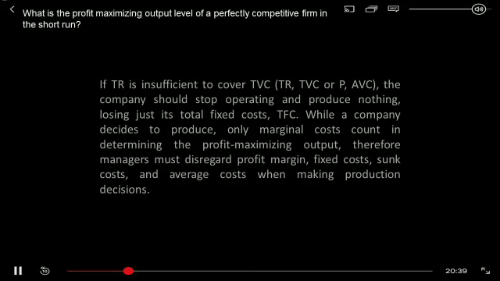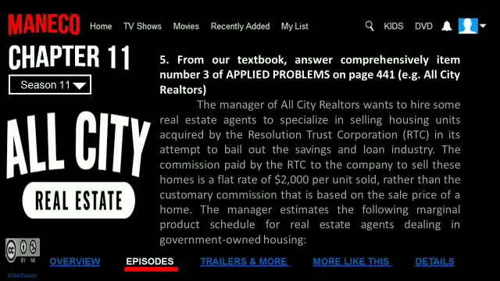While a company decides to produce, only marginal costs count in determining the profit-maximizing output. Therefore, managers must disregard the fixed cost, the sunk cost, and the average cost when making production decisions.